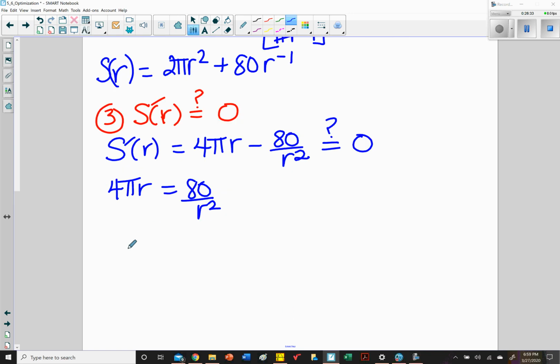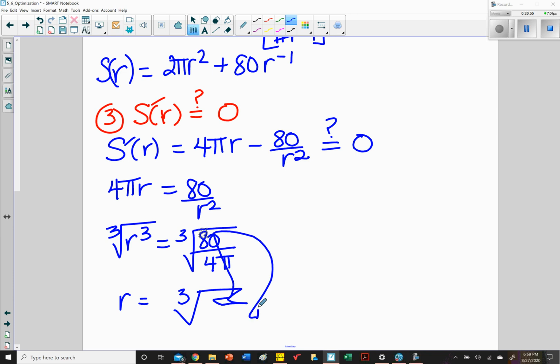So collect r's over here, and 80 divided by 4 pi is the cube root. So our r is the cube root.